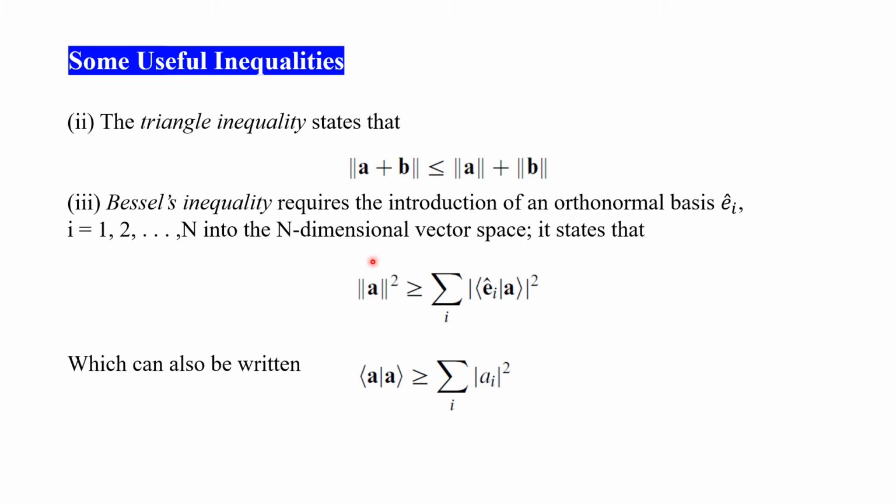It states that the square of the norm of A is greater than or equal to the sum of the square of the magnitude of bra ei hat ket A, which can also be written as bra A ket A is greater than or equal to the sum of the square of the magnitude of Ai.